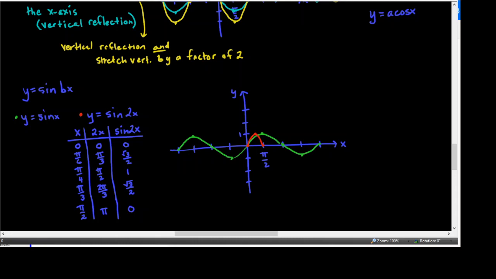It actually shrinks it. So one of the things I want to talk about here as a theme is that anything done to x inside the parentheses has a horizontal effect, so it'll change things to do with x.